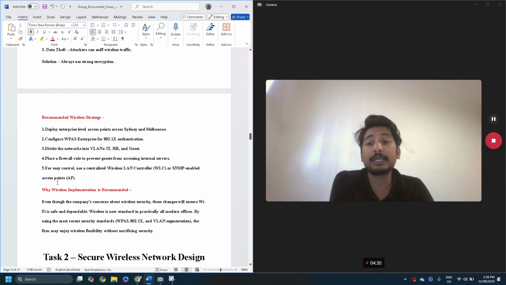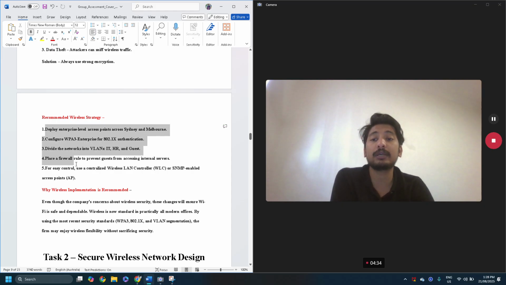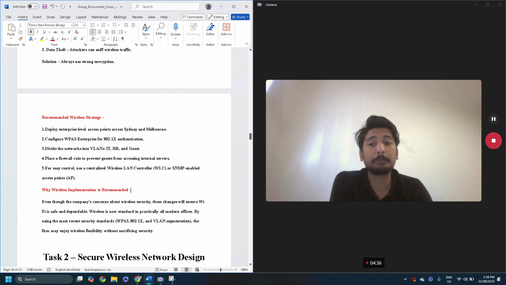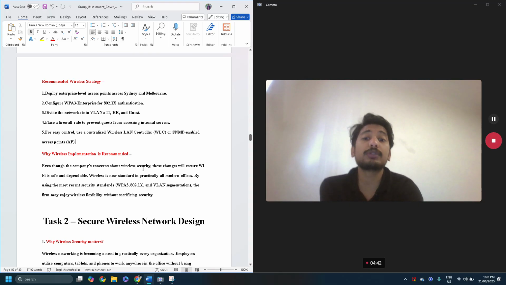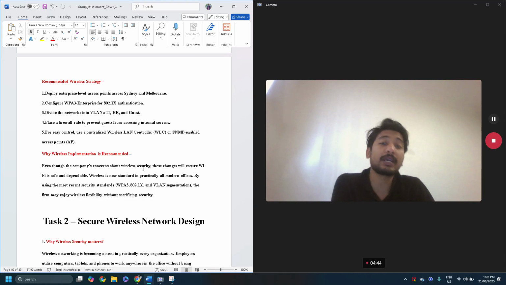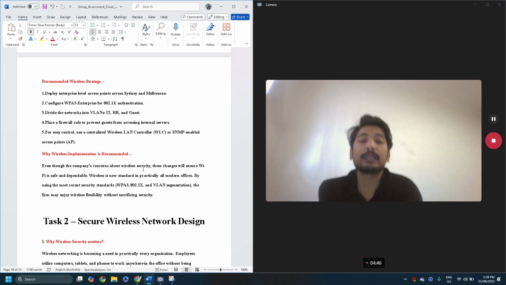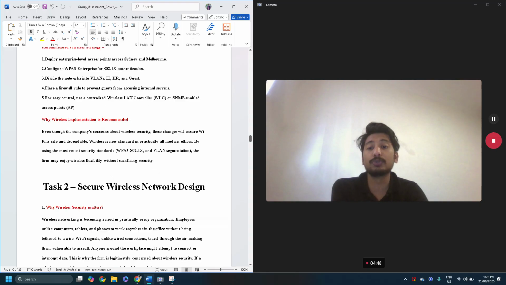Those are the recommendations of the wireless strategy. Even though the company is concerned about wireless security, those changes will ensure the Wi-Fi is safe and dependable.